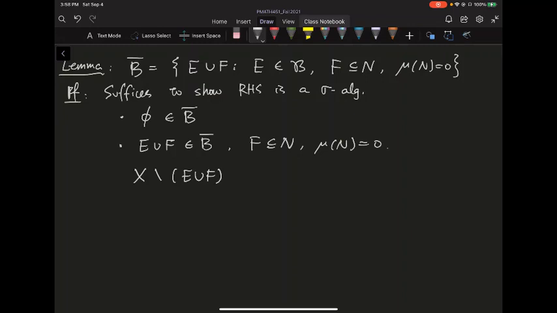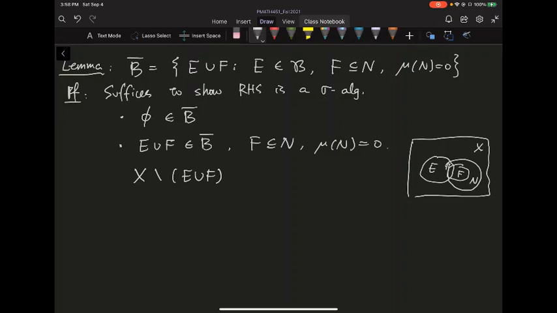So when you take the complement, let's draw a picture. You have an E here, and you have some F, which is contained in a larger set that has measure 0, so that's N, and they're all inside this X. What is the complement? You can show the following.